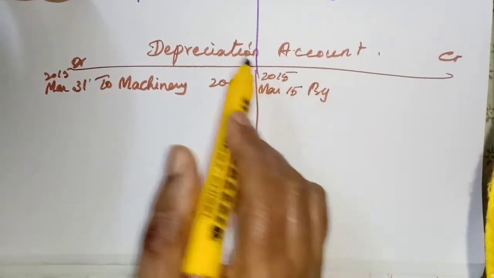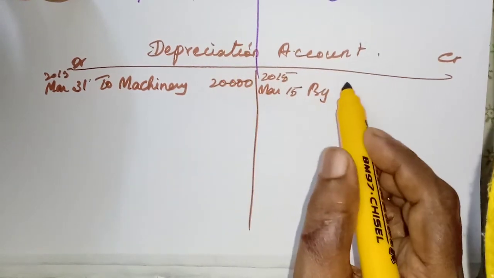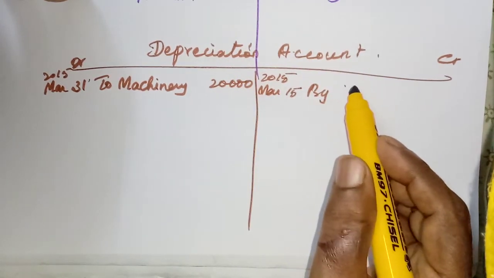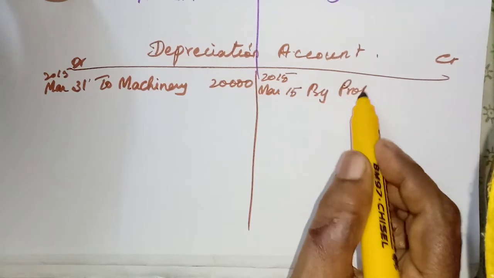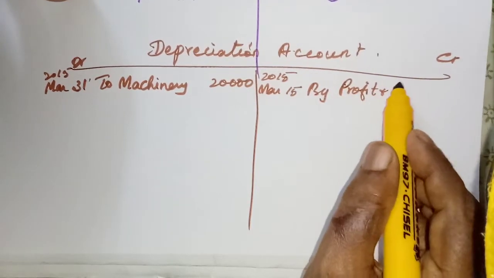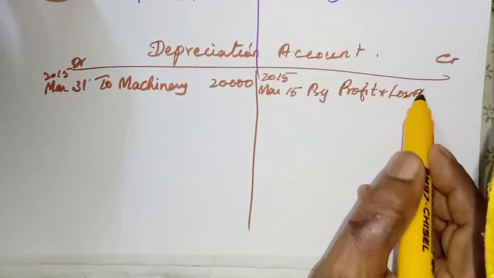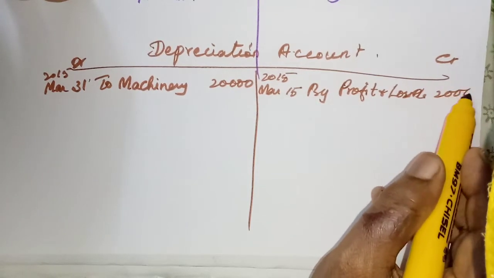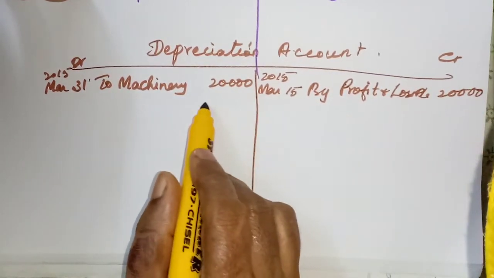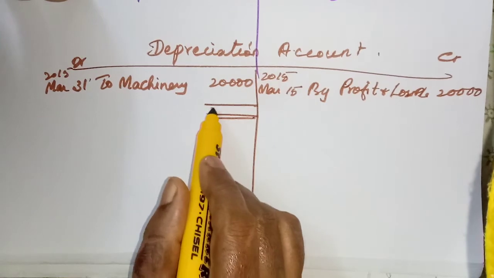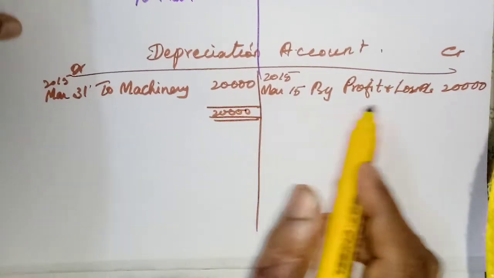So profit and loss account debtor to depreciation account, by profit and loss account $20,000. So here we have to write the total. Same amount only will come.